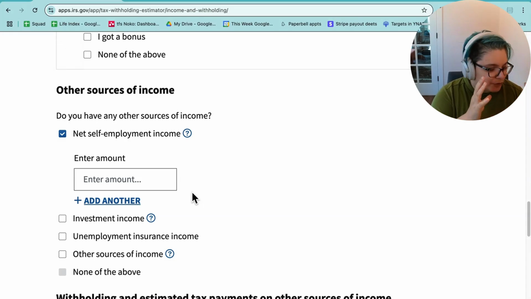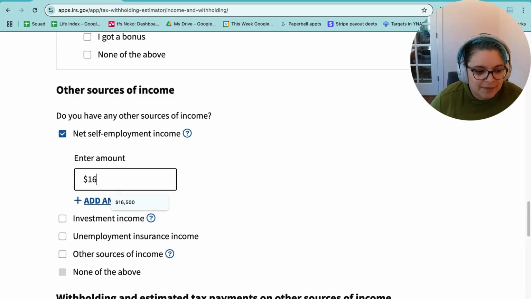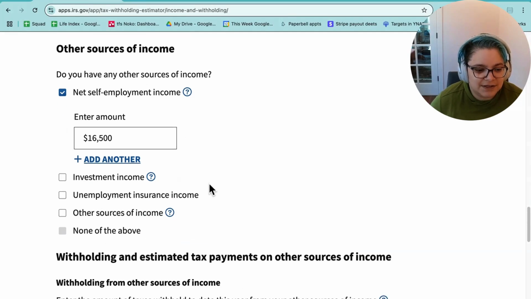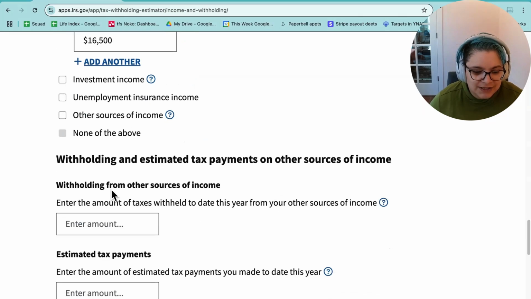So this is your business income less your business expenses. And even though paying yourself is totally an expense, it's not a business expense for tax purposes. I know it's crazy, but it is what it is. After income and expenses, not including paying myself, I made $16,000. For this example, we're not going to add any other complications.